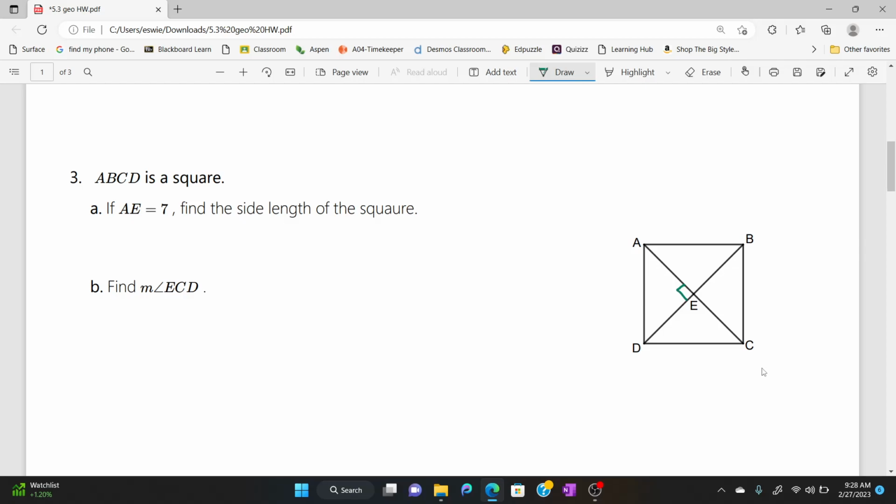Not only do the diagonals form right angles, but the diagonals bisect each other. So if this is 7, that is 7. And since it's also a square, it's a rectangle, so the diagonals are the same. So half of the diagonals are 7. That's 7, that's 7.